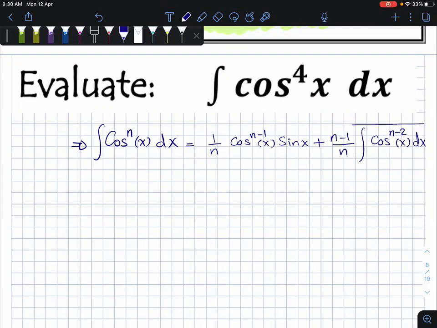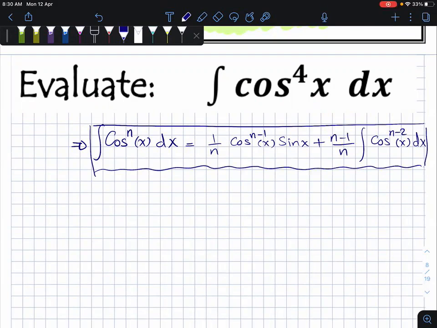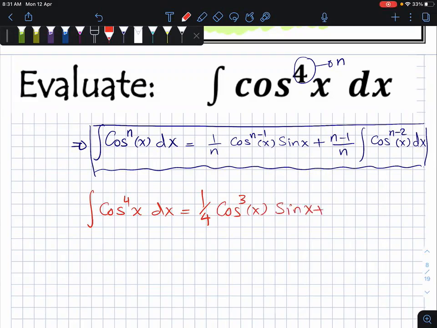So it's a rule, and we have to substitute 4 for n, because n here is 4. Plug in 4 for every n in the question. So the integral of cosine to the power of 4 x dx is equal to 1 over 4 cosine to the 4 minus 1, which is 3, of x sine x, plus 3 over 4, because n is 4, times the integral of cosine to the 4 minus 2, which is 2, of x dx.